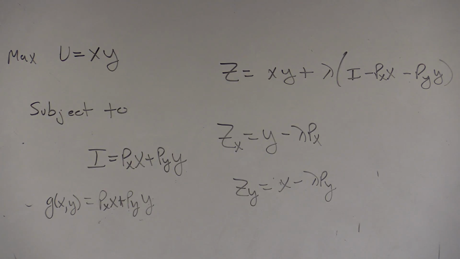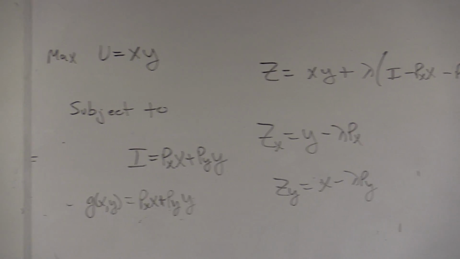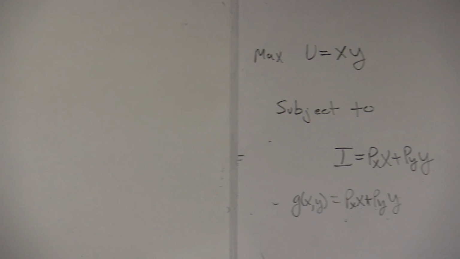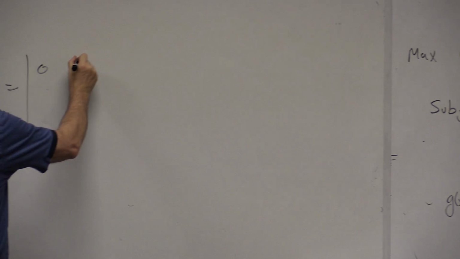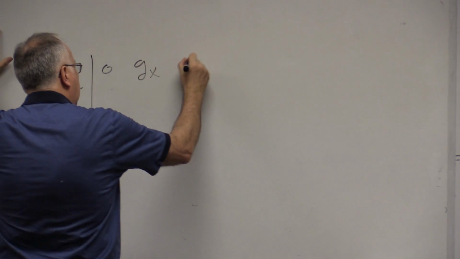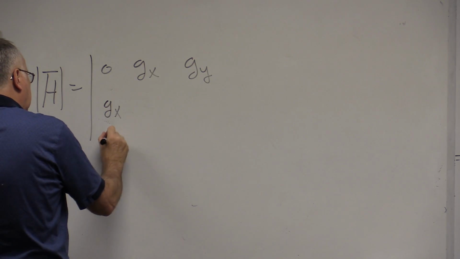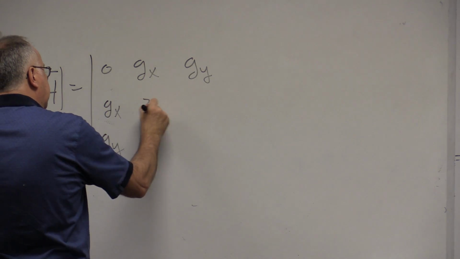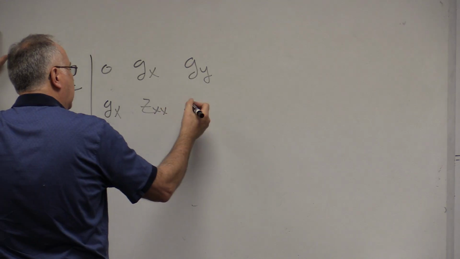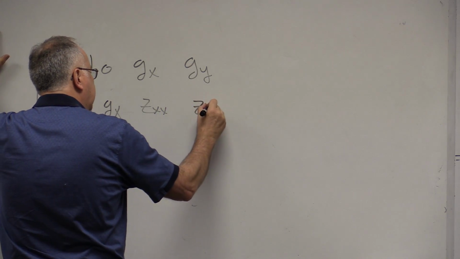So let's look at our bordered Hessian for this problem. Our bordered Hessian is this: 0, gx, gy, gx, zxx, zxy, gy, zyx, zyy.